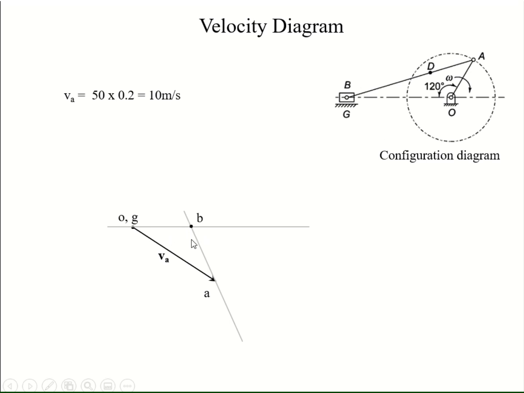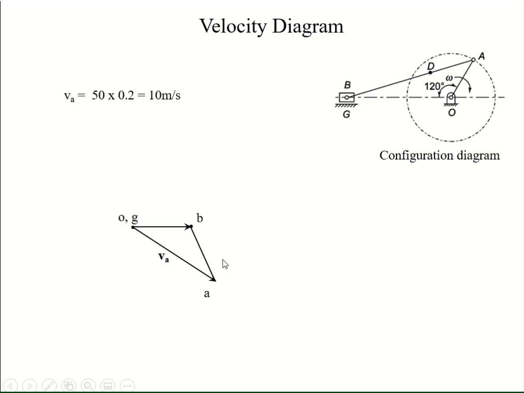Once we have located point B, it becomes very easy for us to draw the velocity vector of the slider and the velocity vector VAB. After this, we are now trying to find out the velocity of point D. Point D will be located in the velocity diagram in the same proportion as it is located in the configuration diagram.